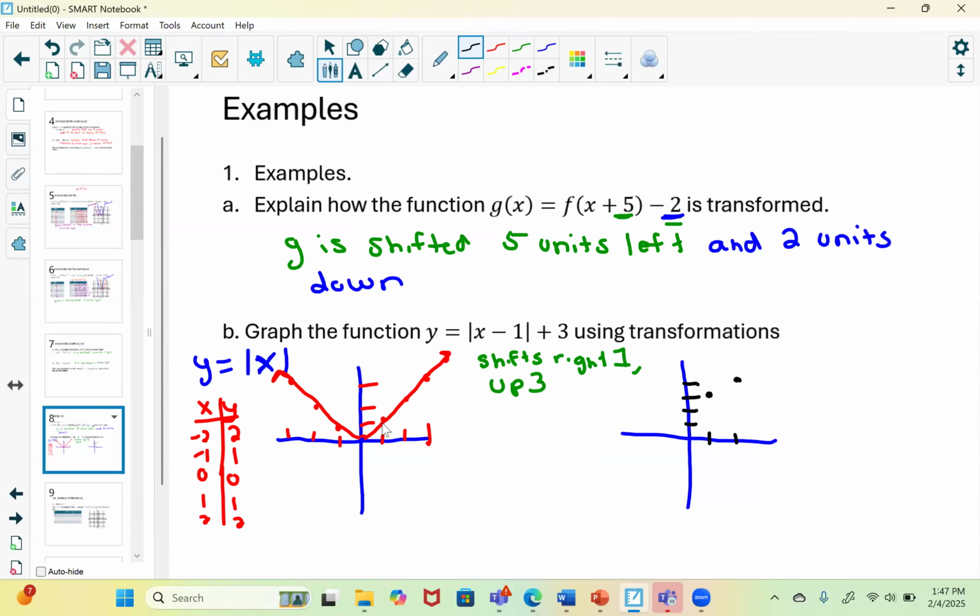Okay, and it might be easier to do it on the same axis. So this one is shifting right 1, up 3. This one is doing right 1, up 3. This point is going right 1, up 3. This point is right 1, up 3.